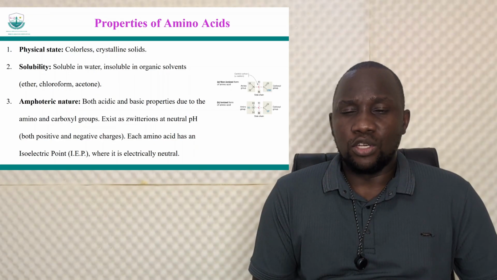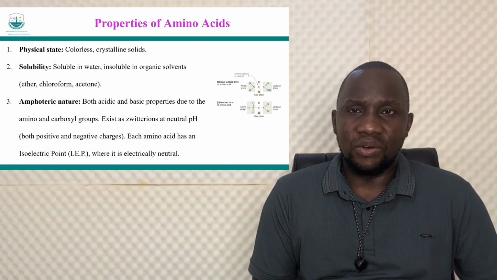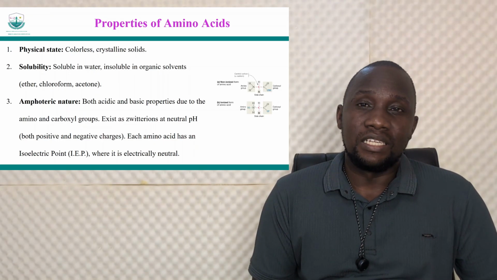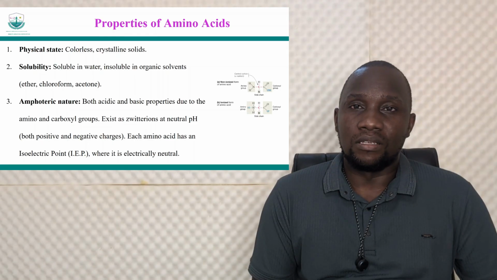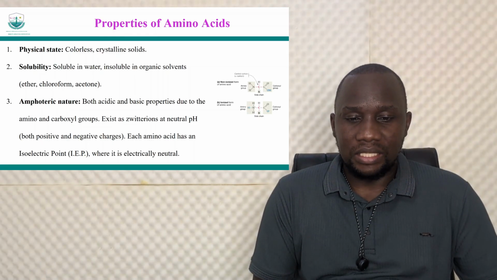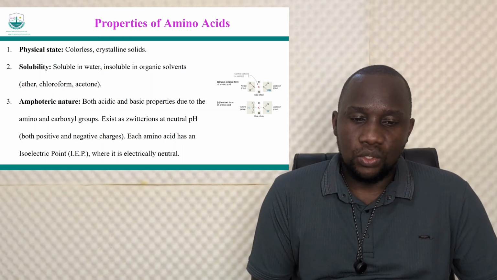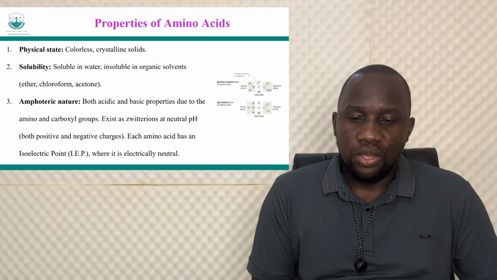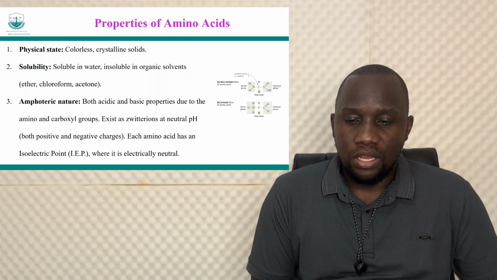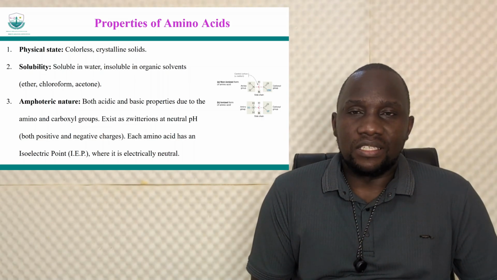But for you to know the properties of these amino acids, you still need to relate these to the structure of the amino acids. Proteins are actually colorless and crystalline solids. They are soluble in water and insoluble in organic solvents.